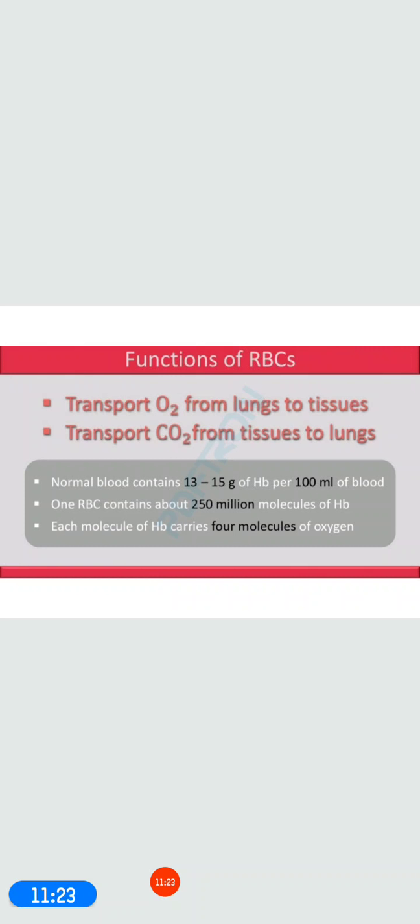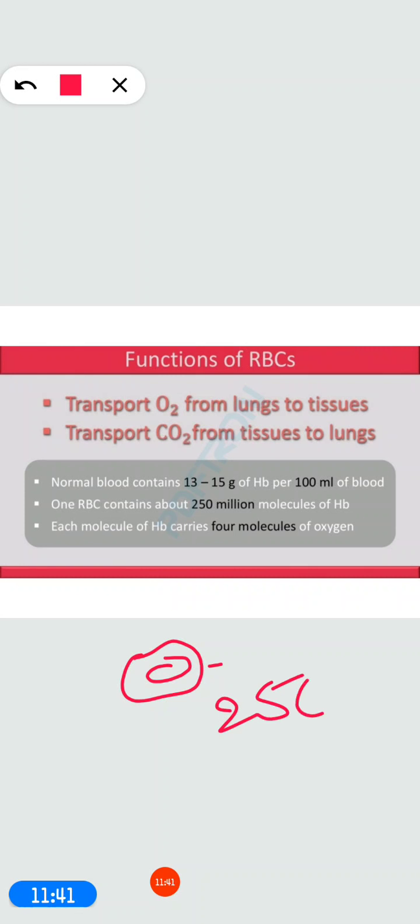Normal blood contains 13.15 gram of Hb per 100 ml of blood, and 1 RBC contains about 250 million molecules of Hb, and each molecule of Hb carries 4 molecules of oxygen.